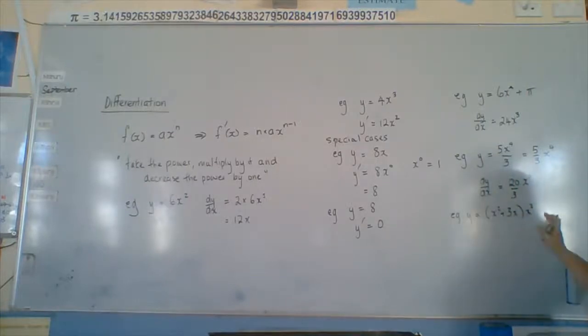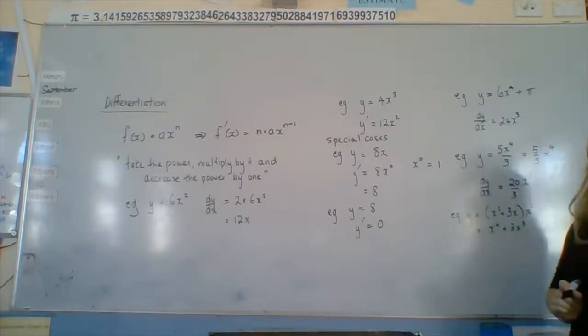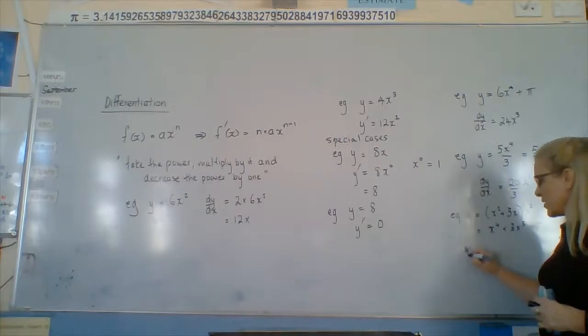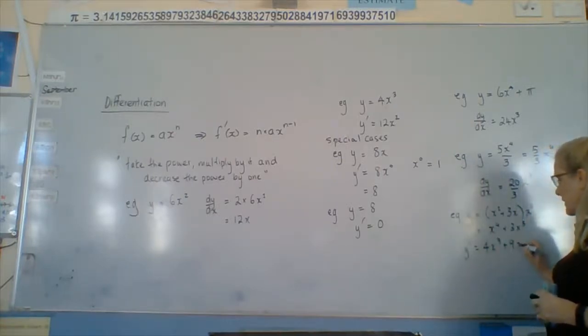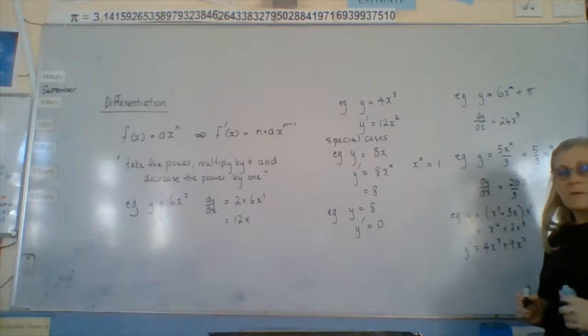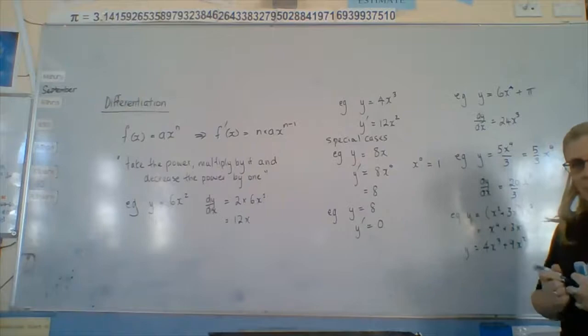We need to multiply out first. So we need to make this equal to x to the 4 plus 3x cubed before we start. So y dash will equal 4x cubed plus 9x squared. All right? So we need to make sure we multiply it out before we start.